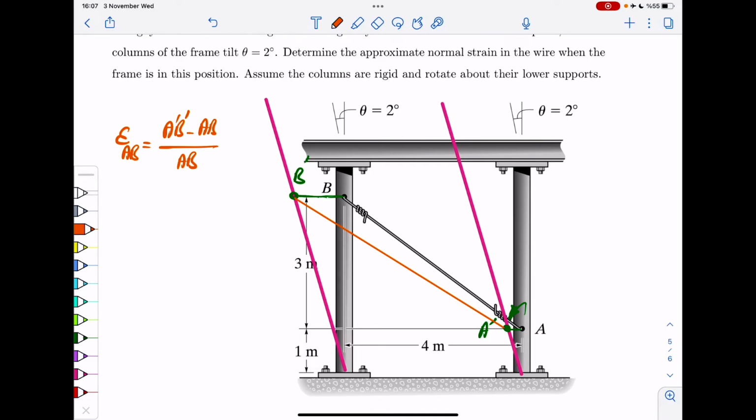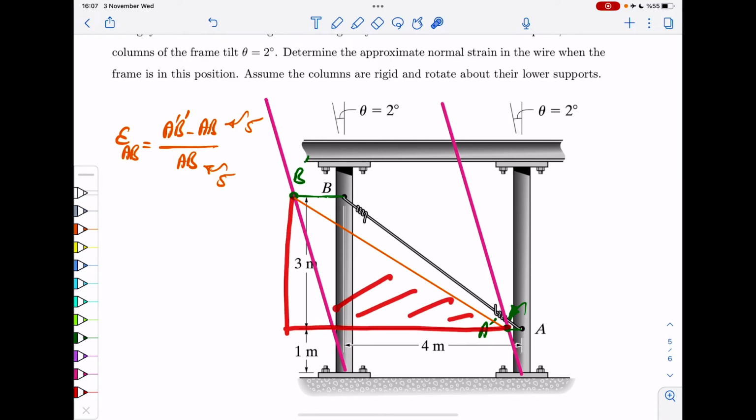Now, AB itself is 5. It's easy to see that. So AB is the length here. The horizontal part is 4. The vertical part is 3. So that's 5. This is our usual triangle. So AB is 5. All you need to compute is just A prime B prime then. Now, how do you do that? It's a simple exercise compared to what we had previously. You just think about this triangle.